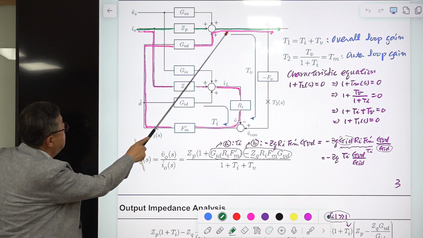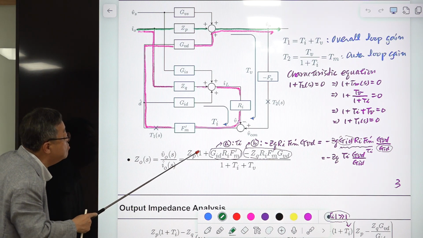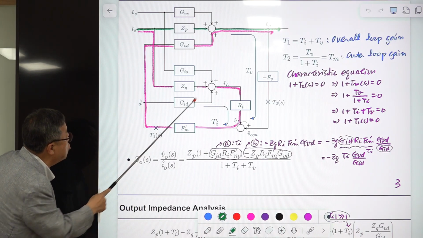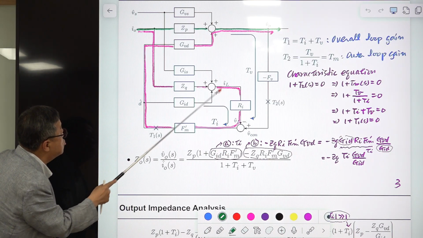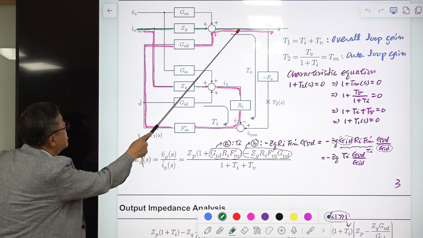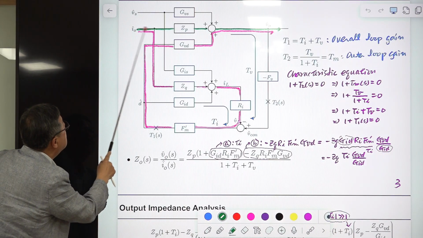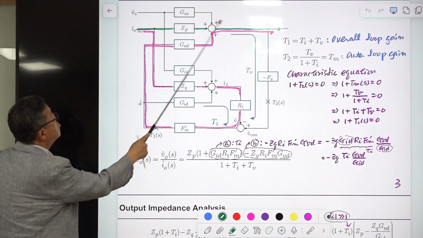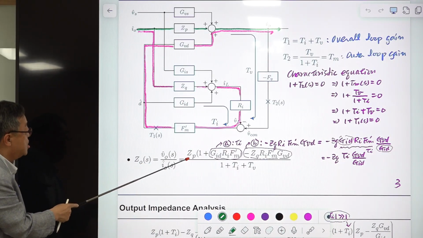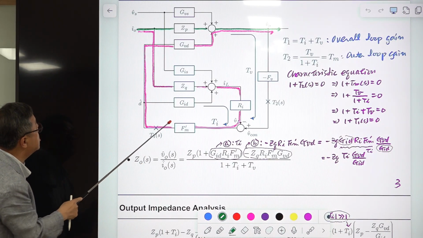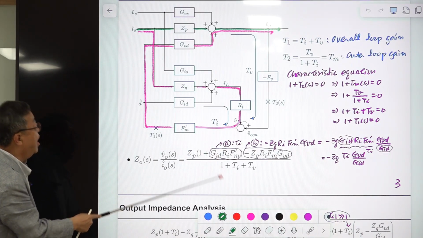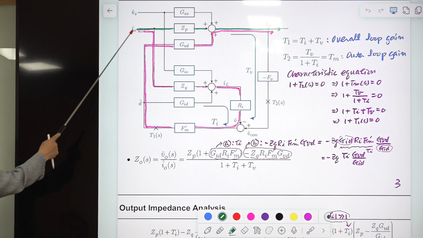GP is here, and this is multiplied by 1 plus a loop gain, but this loop should not share a branch with this path. Because TP, this IO to VO, is passing through this, this loop is not valid as a loop. So GP times 1 plus this loop is okay. This loop is okay. So you have this one. All right, and there is another forward path.